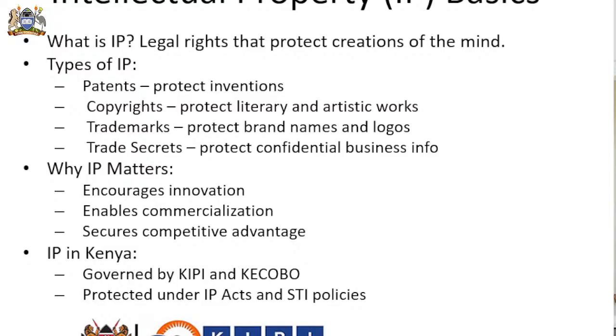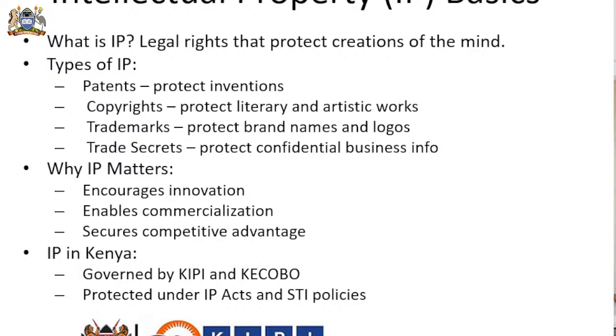So intellectual property is therefore very important. It encourages innovation because you know that the technologies you have developed are protected, and it also enables commercialization because you can use intellectual property, although it's just a piece of paper. For example, a patent is just a piece of paper, but it's a legal document. You can license it and generate significant revenues.